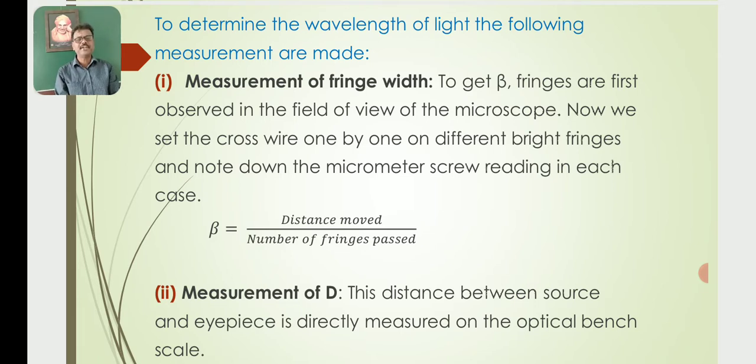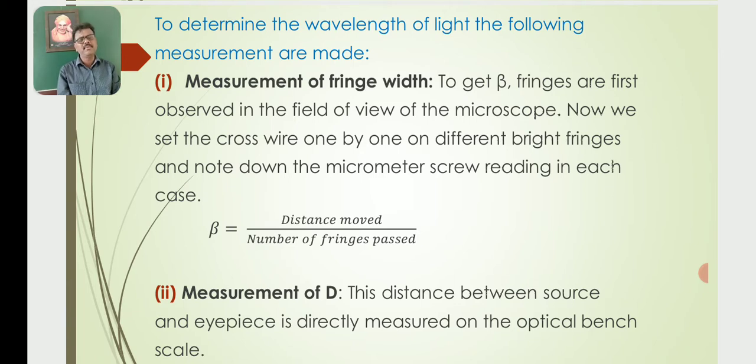So the interference pattern obtained in the biprism experiment can be viewed with the help of a microscope. The crosswire of the microscope is set to one of the bright fringes, and we take the corresponding reading.